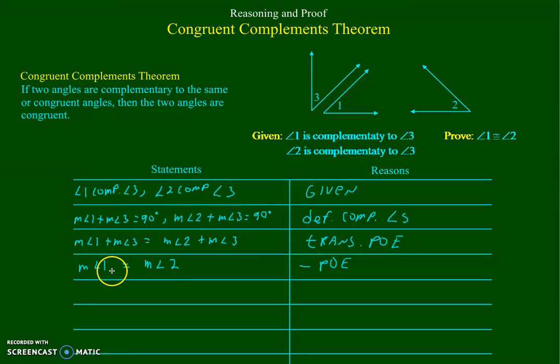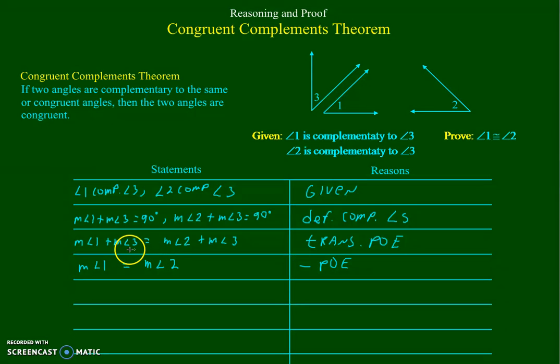So here's our statement. I'd like you to further notice that I didn't write in the little crutch statements underneath that said I subtracted the measure of angle 3 here and subtracted the measure of angle 3 there. And the reason I didn't do that is because, number one, if you actually did that, you would run out of reasons because it's the same reason for both. And number two, it's going to cloud and clutter your proof up, and it's going to make it much more difficult to read.